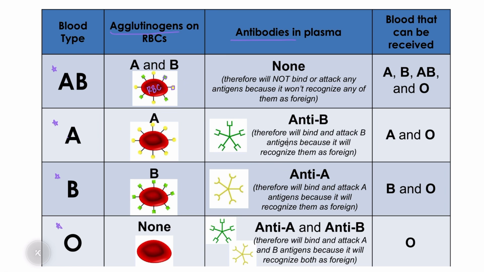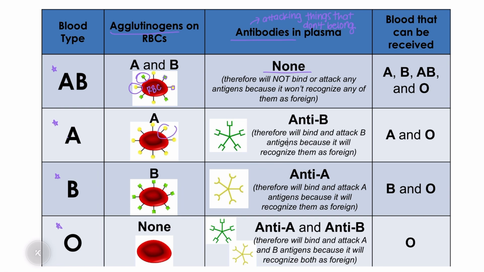So antibodies are going to be basically attacking things that don't belong. So what that means is if your body has type A and B proteins, then they're not going to attack A or B proteins. You're not going to have any antibodies because your body normally has A and B.